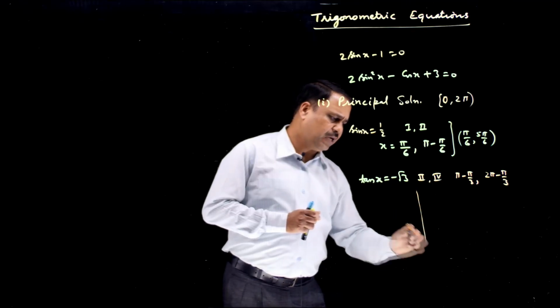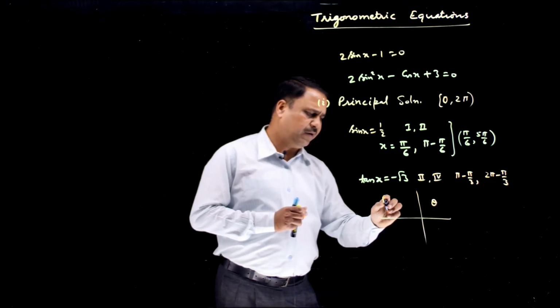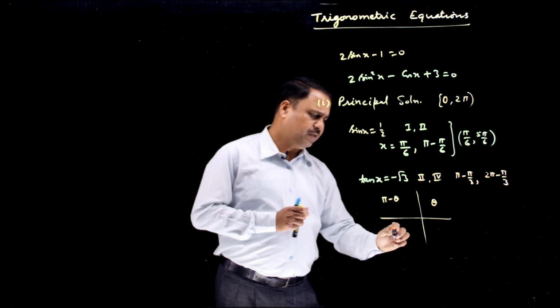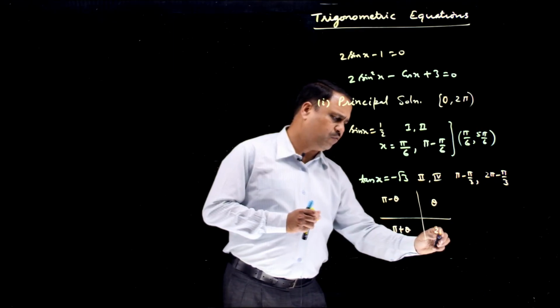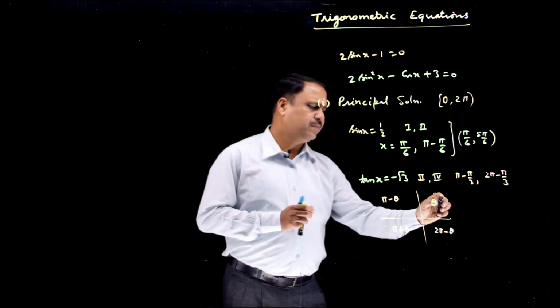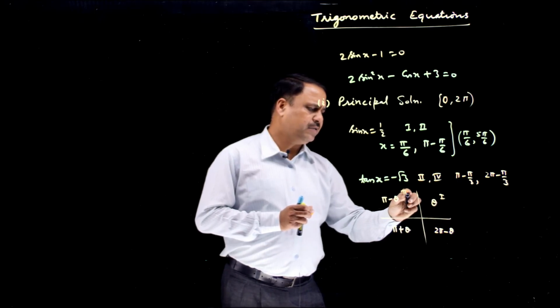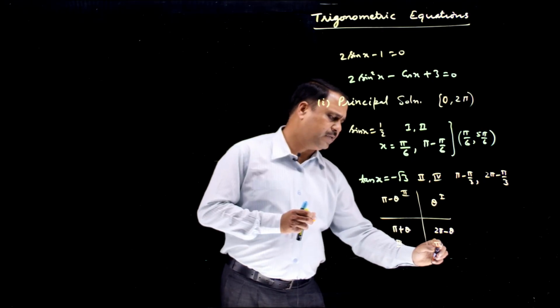So this diagram you can remember here. If it is in the first quadrant it is theta, in second quadrant it will be pi minus theta, in third quadrant it will be pi plus theta, in fourth quadrant it will be 2 pi minus theta. This is the first quadrant, second quadrant, third quadrant and fourth quadrant.